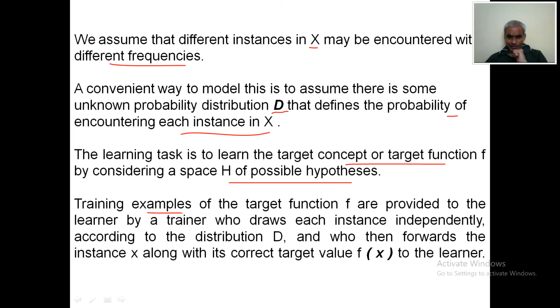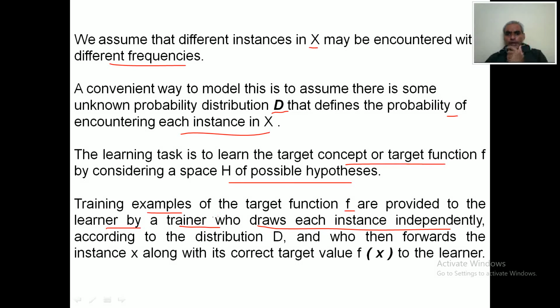Now these training examples of target function f are provided to the learner by a trainer. Who is a trainer? A trainer collects the data, draws each instance independently, based on a survey or something else.